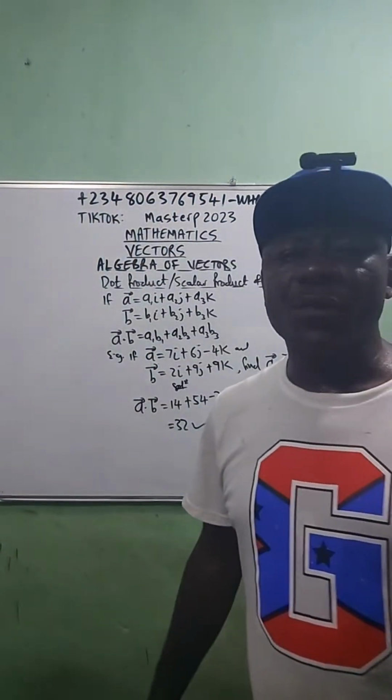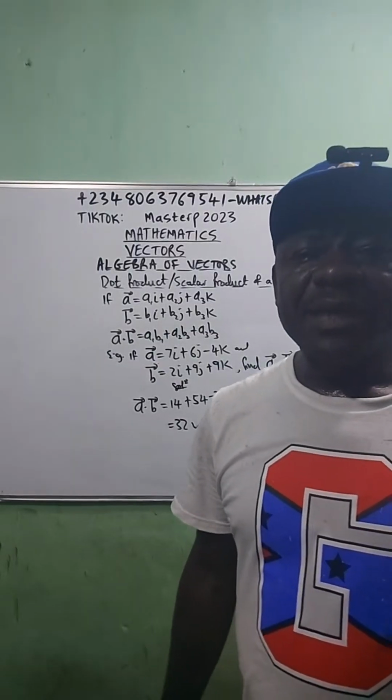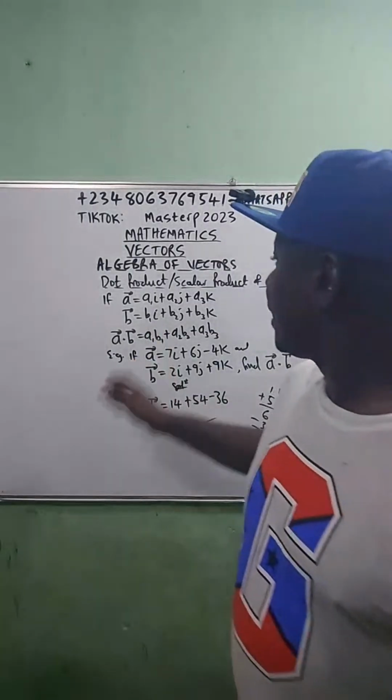Okay, so we are done with the dot product. So let's go now to the case of the what? The cross product.